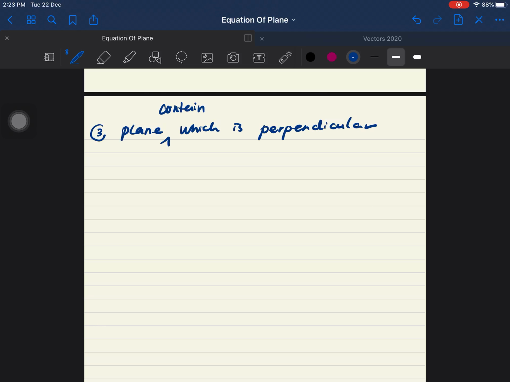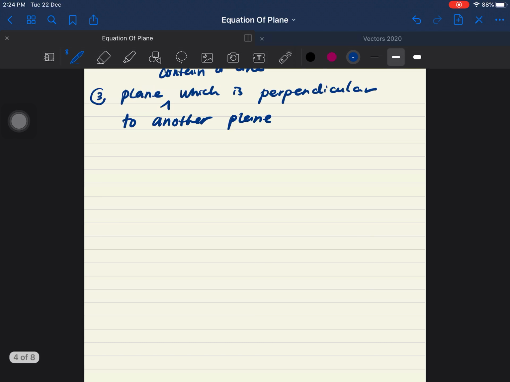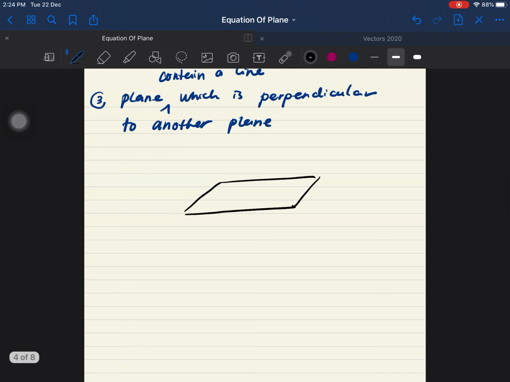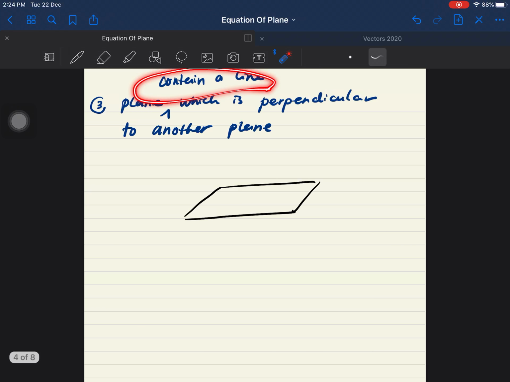A plane contain a line which is perpendicular to another plane. So apa maksudnya kat sini? So you nak cari equation of this plane, okay, and this plane, kata this plane contain a line. So maksudnya atas plane ni ada equation of line. So let's say L1 lah.